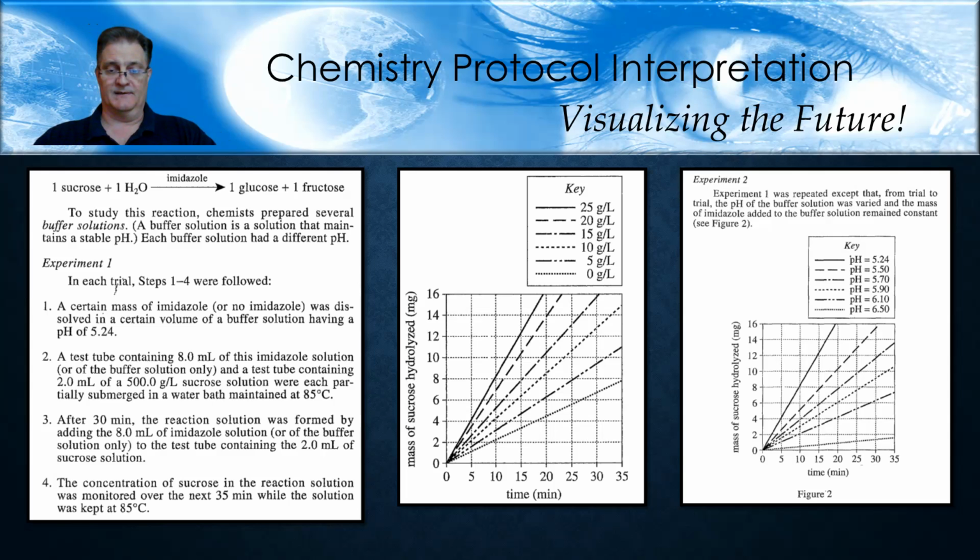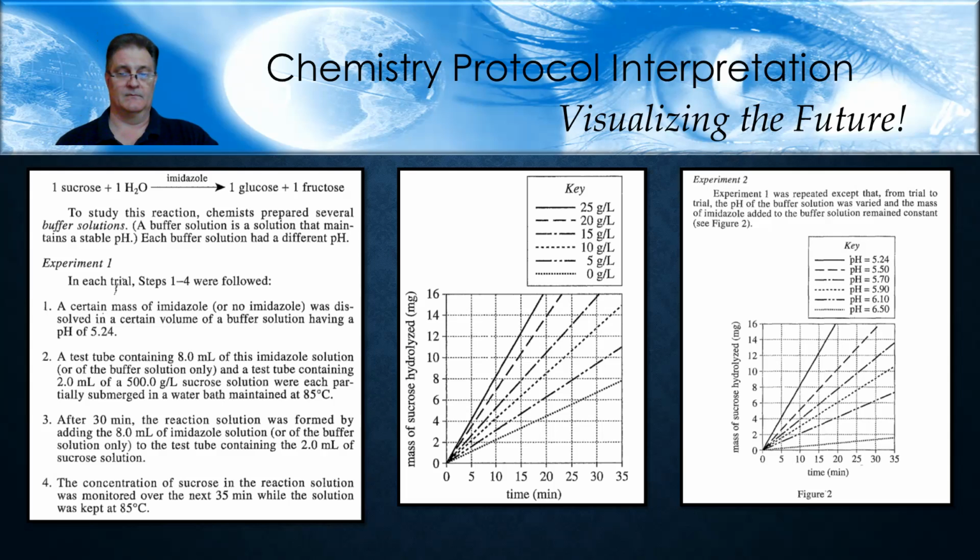Look at our y-axis again. We're still measuring the mass of sucrose hydrolyzed, and our x-axis is still over 35 minutes, from 0 to 35 minutes. But look at the effects of the pH on the reaction. A pH of 5.24, the darkest line on the graph here, speeds up the reaction, whereas the pH of 6.5 makes the reaction slower, which is the bottom line.